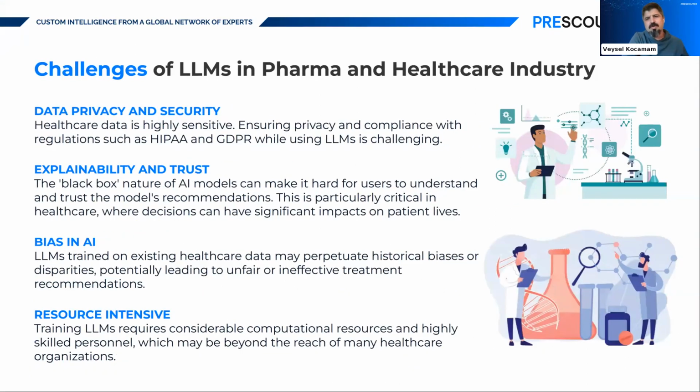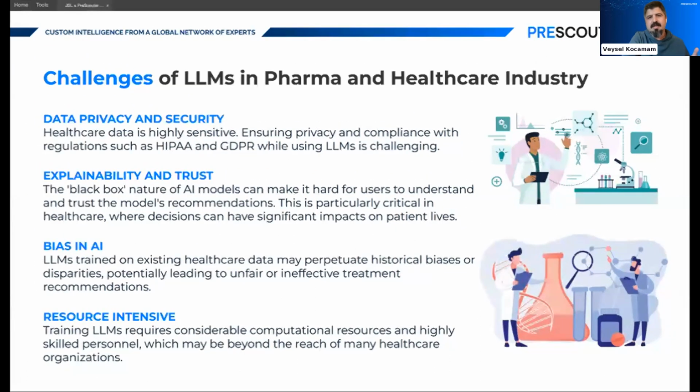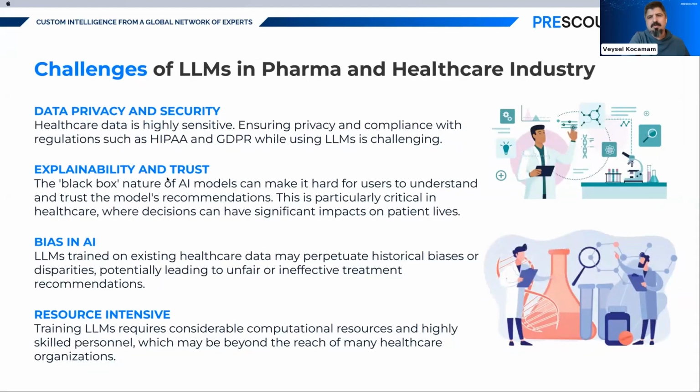And then the challenges. Even if you deploy this on-prem, even if you don't use OpenAI through the API, and of course you wouldn't want to use it through the API so as not to share your data with third-party companies, it's a resource-intensive model that you would need to invest talent and hardware in. And since these are all black boxes, you cannot control the bias.